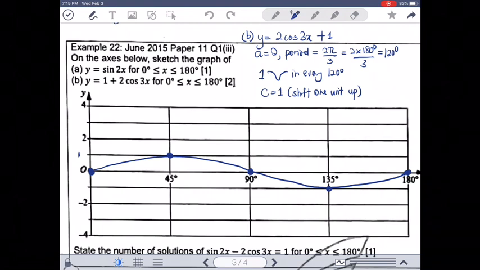Okay, so let's see. We do not have any problem with the amplitude because basically the amplitude is just 2, but we have a problem with the period. So one cycle in every 120. If you look at the scale, there is 180. You don't know where to put your scale, but somehow 120 can be divided into sections of 30 degrees, 30 degrees, 30 degrees.